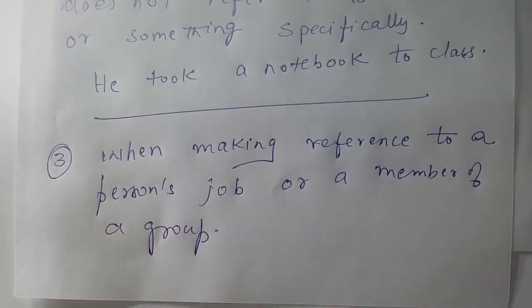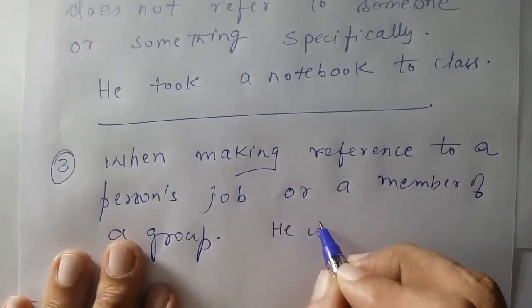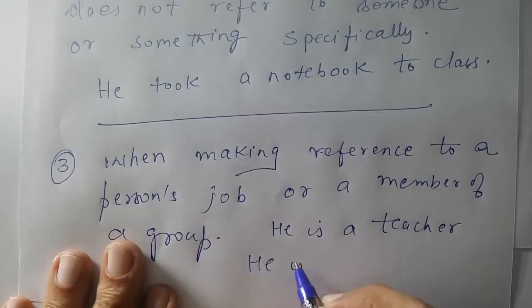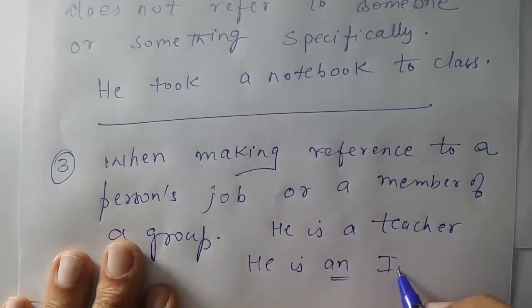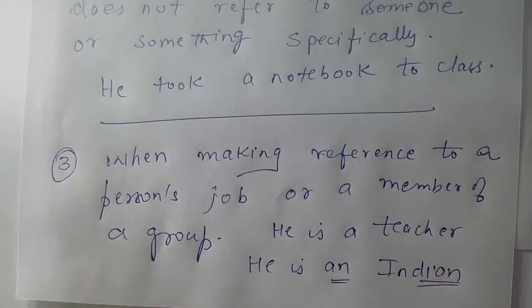I have already told this in my speaking also. Now you have to give me examples, think about the example and just produce it here. Very simple example we have. We have to refer to the job here. He is a teacher. I told in my previous video that he is an Indian. So these are the things on which we have to work.